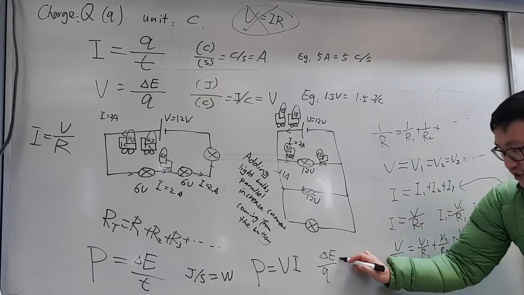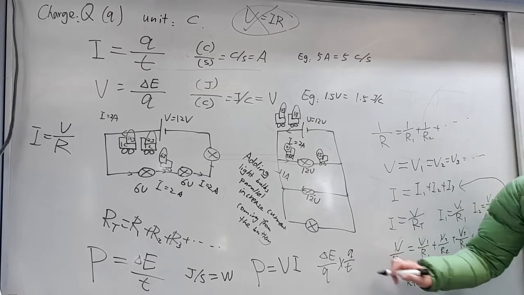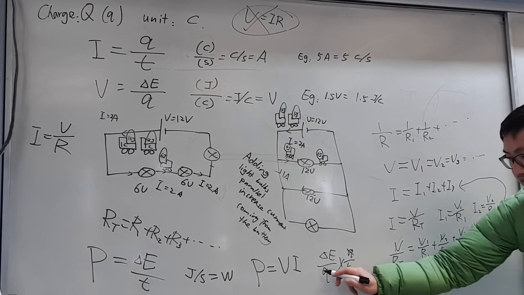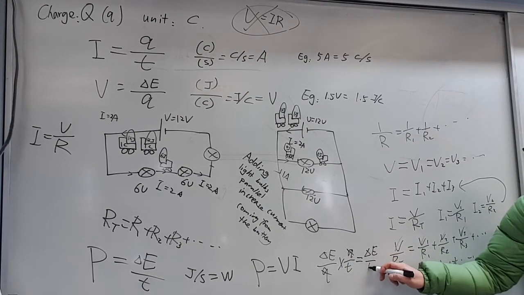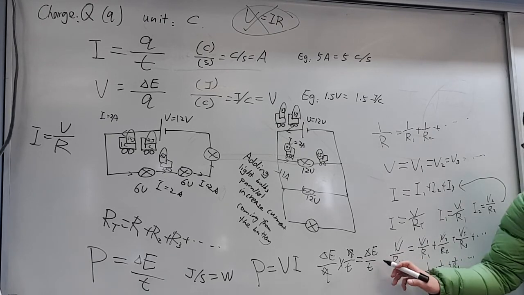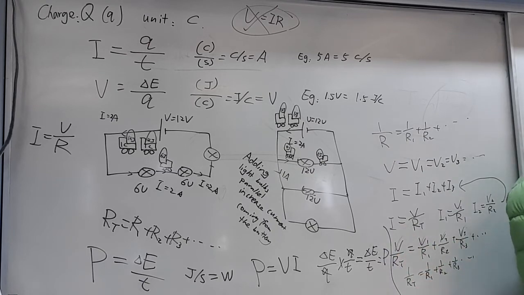And the definition of current is how much charge per second, charge divided by time. When we times these two things together, you can see the charge divides out. That equals delta E divided by T, right? And change of energy divided by time gives you the definition of power, right? So that's where the power equation comes from.